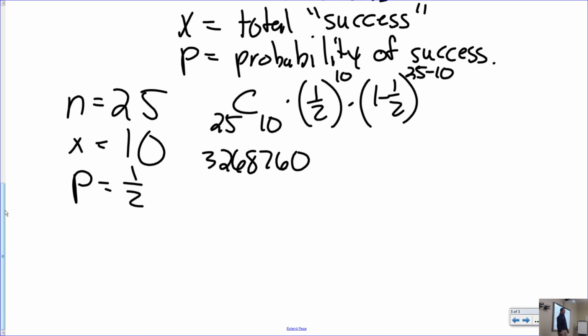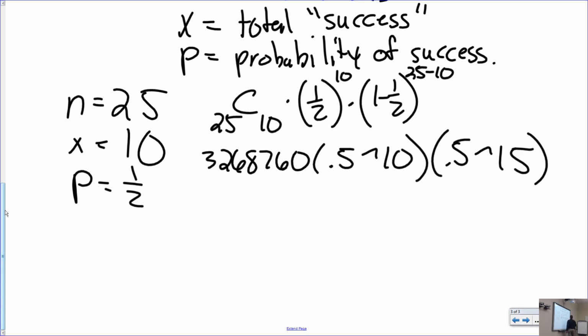I got the same number. Okay, I think I know how to use it. You're going to multiply that by 0.5 raised to the 10th power, and then multiply that by 0.5 raised to the 15th power.